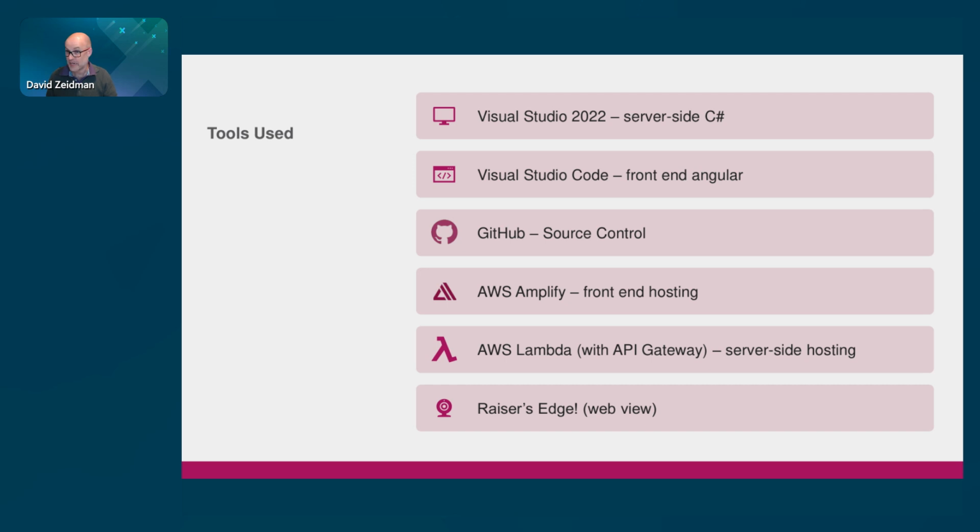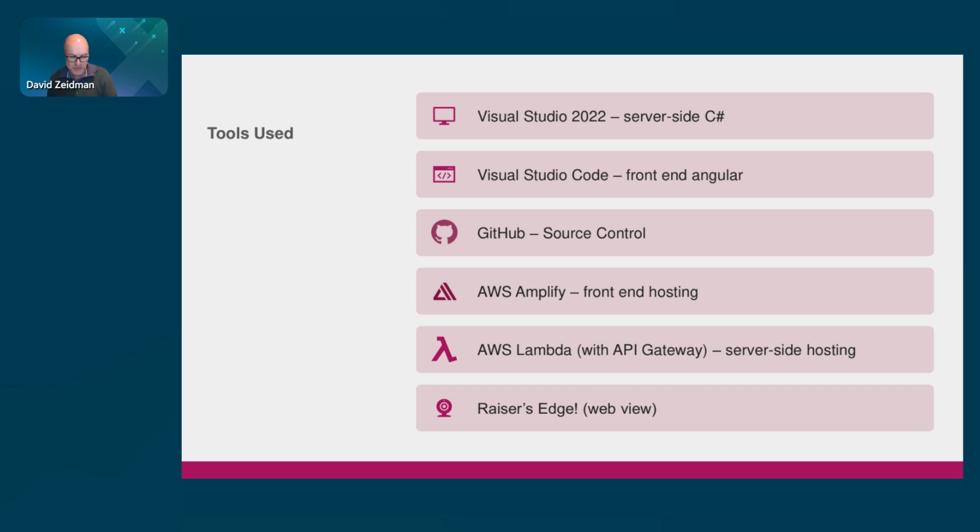Then we have GitHub for source control. Again, you can use different source control, and I think GitHub works very well and integrates nicely with AWS as well. And as we're pushing to AWS, we're using AWS Amplify for the front-end hosting and Lambda for the server-side hosting.